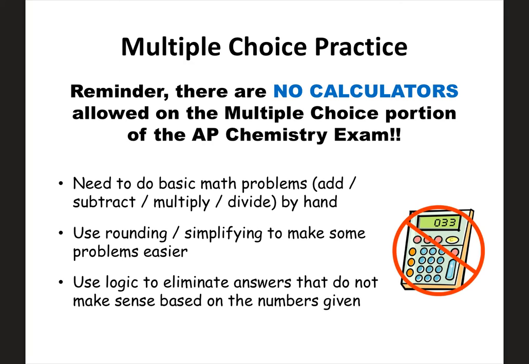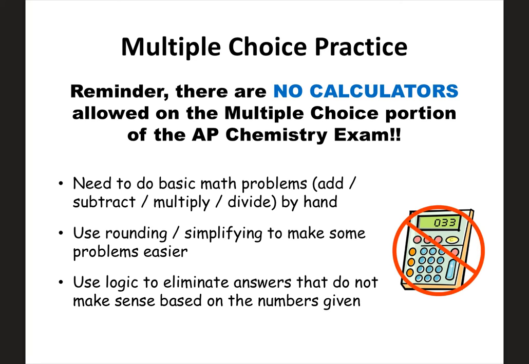So you can be expected to do some basic math, including adding, subtracting, multiplying, and dividing, by hand. A lot of times you can use rounding and simplifying to make some of your problems easier. So this definitely requires practice. It's something we need to work on throughout the course.